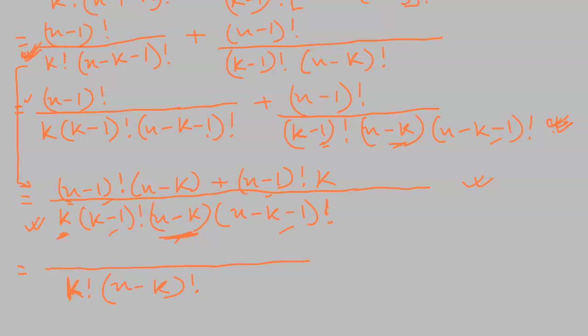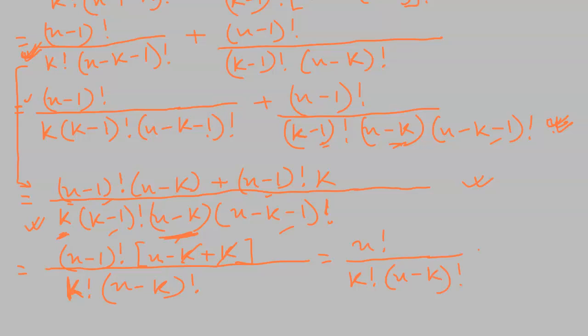Okay? Coming to the numerator, we are seeing that n minus 1 factorial is common, so I can take this as the common factor. And from the first term we have n minus k, and from the second term we have a plus k. These two will be getting cancelled and we will be having n times n minus 1 factorial, which is equal to n factorial over k factorial times n minus k factorial.